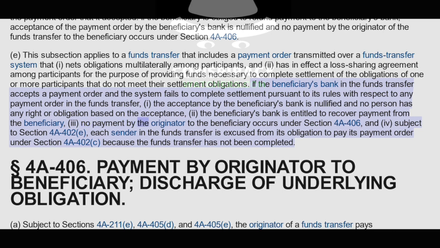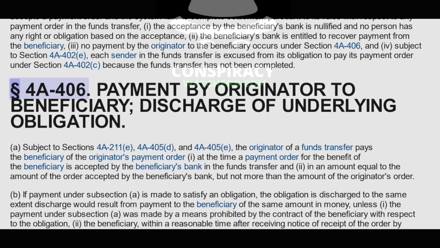No payment by the originator to the beneficiary occurs under Section 4A406, and subject to Section 4A402, each sender in the funds transfer is excused from its obligation to pay its payment order under Section 4A402 because the funds transfer has not been completed. Section 4A406. Payment by originator to beneficiary, discharge of underlying obligation.